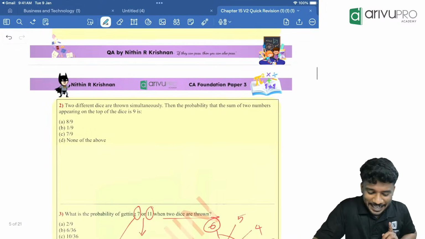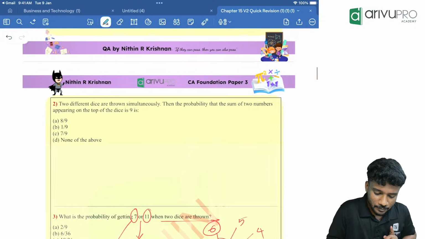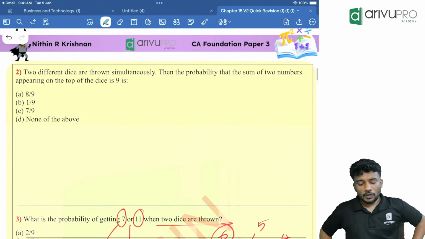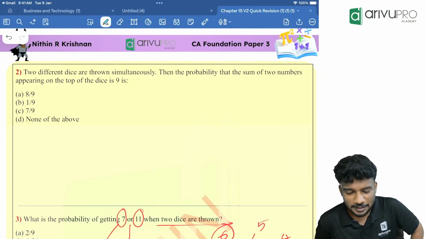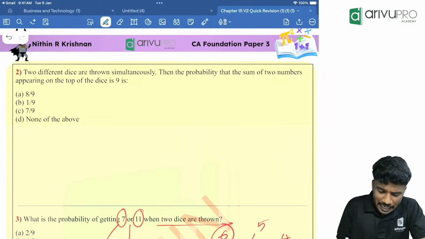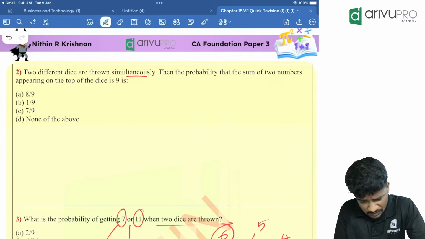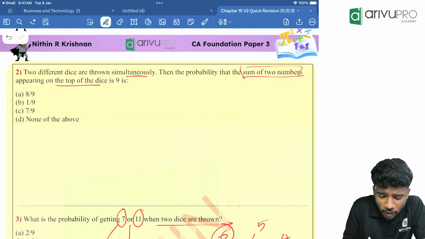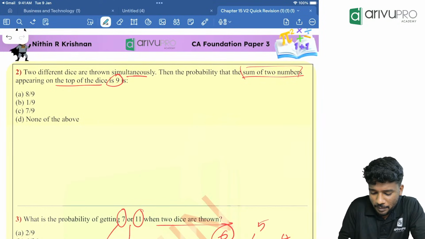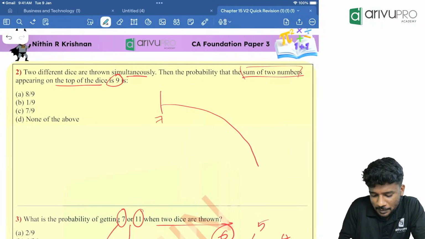Yes. Next question, people. All the questions are addressed. Rest of you: 2 different dice are thrown simultaneously. Then what is the probability that the sum of 2 numbers appearing on top of the die is 9? We will draw the array. 7 happens 6 times.